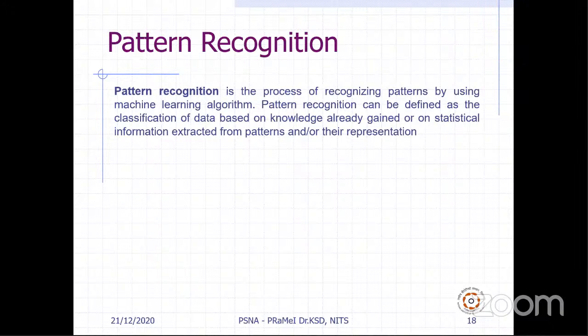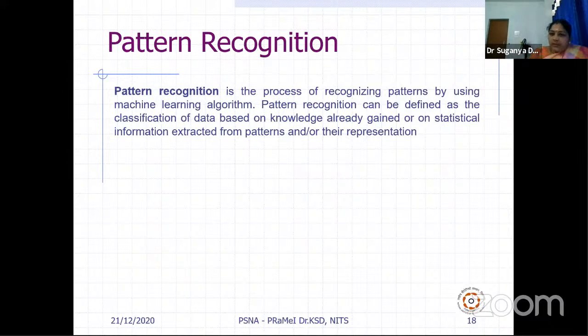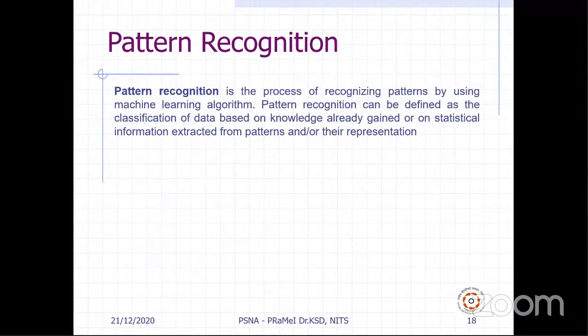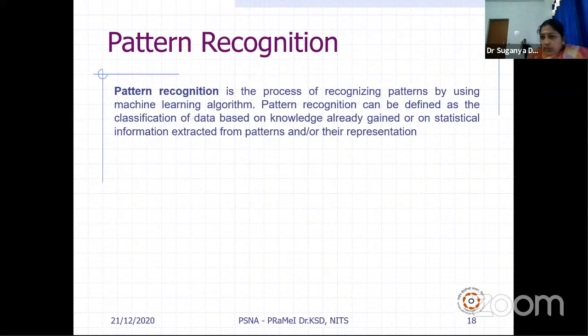So there are two choices: either it is fed with the knowledge already, or from the patterns it extracts the features and information, and based on that it makes decisions or gives some representation of what it is fetching.